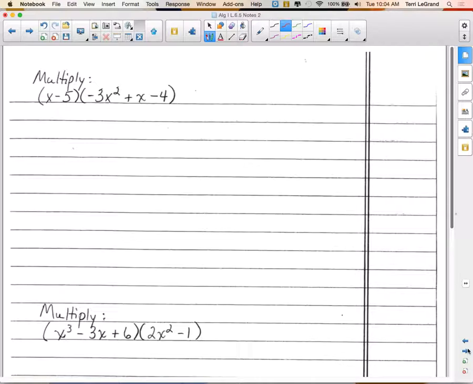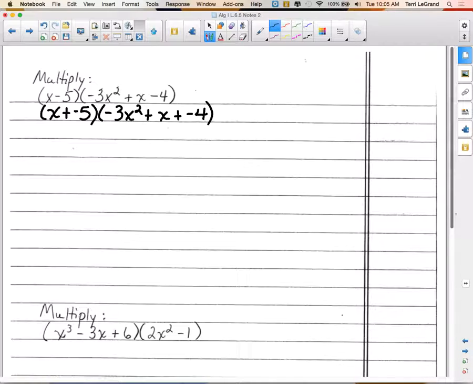Okay, so we're going to use the rectangle method because we know FOIL isn't going to work for this one, right? Why isn't FOIL going to work for this one? Binomial times a trinomial. This is when it's important that you understand that -5 really means a -5. We need a rectangle that has dimensions of x plus -5 and -3x squared plus x plus -4.